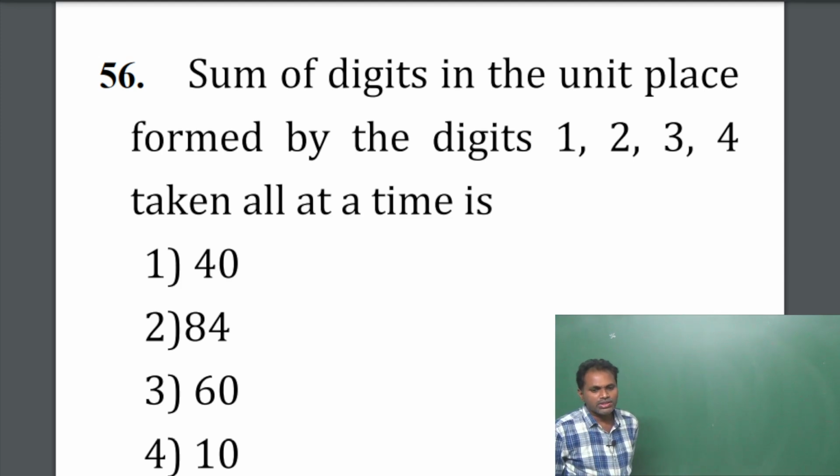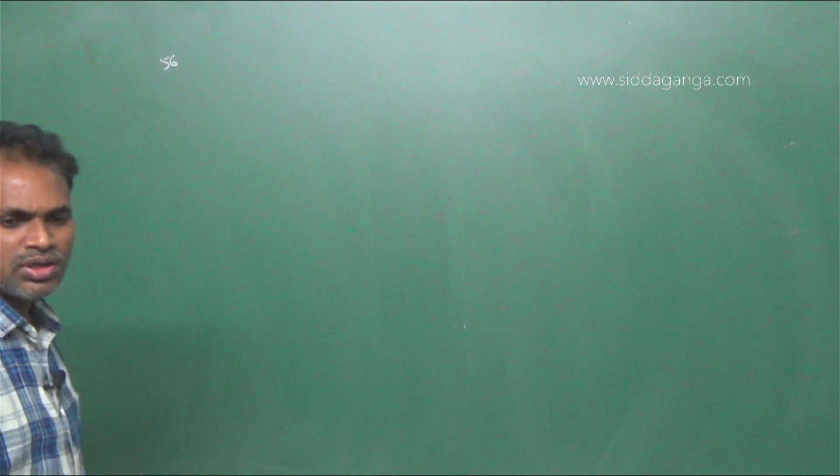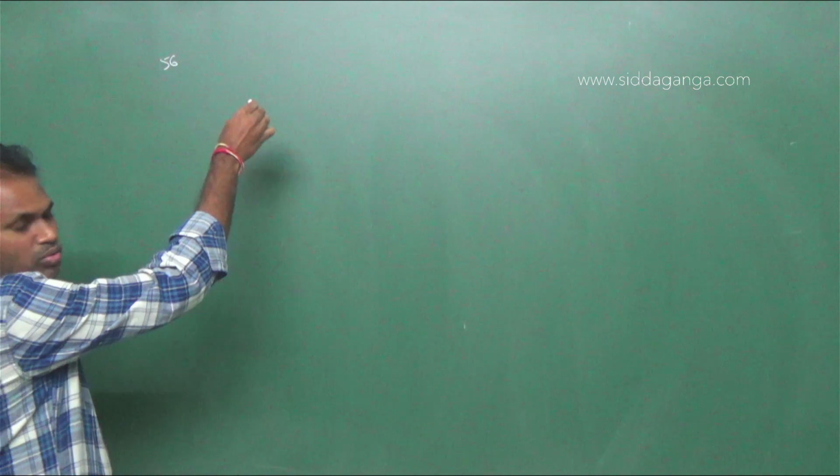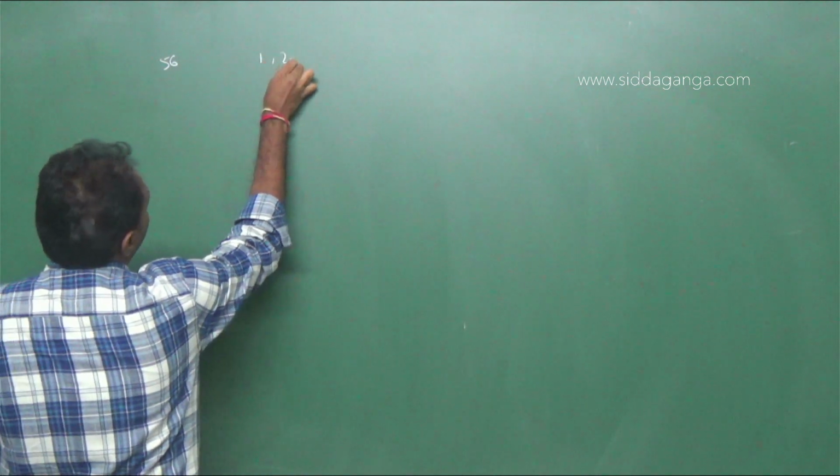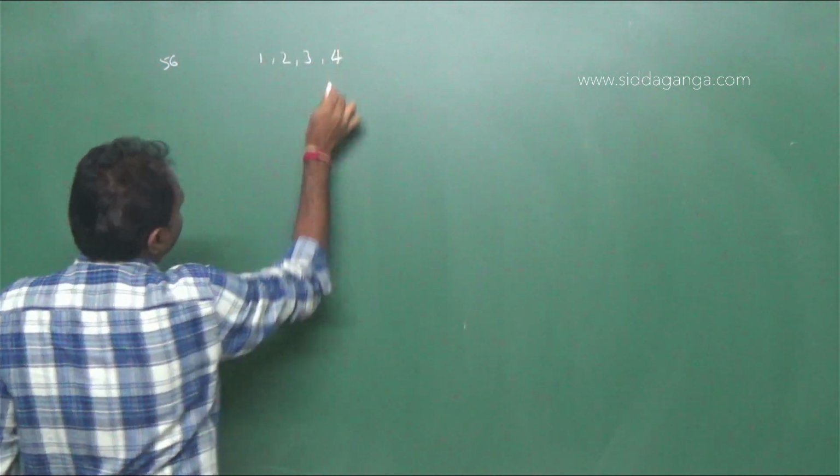Sum of the digits in the unit place of numbers formed by the digits 1, 2, 3, 4 taken all at a time. Now here you observe, your given digits are 1, 2, 3, 4.